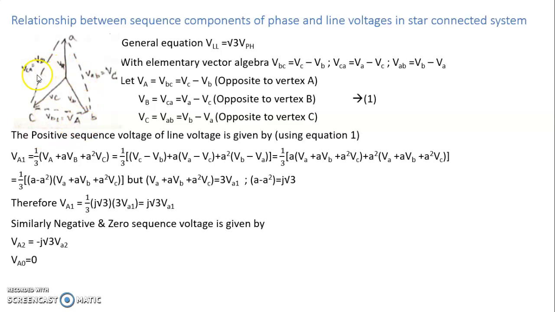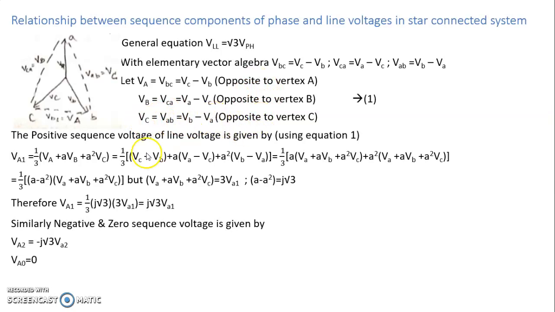VCA I can designate as VB because this vector is opposite to the vertex B. Similarly VAB is opposite to the vertex C, hence I have taken it as VC. So capital VA is VBC, capital VB is VCA, capital VC is VAB due to the opposite vertex.